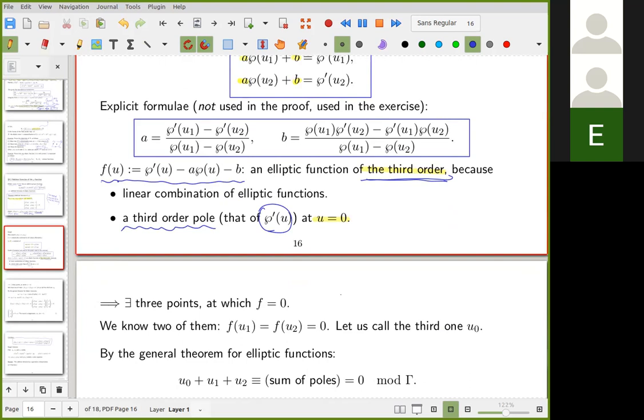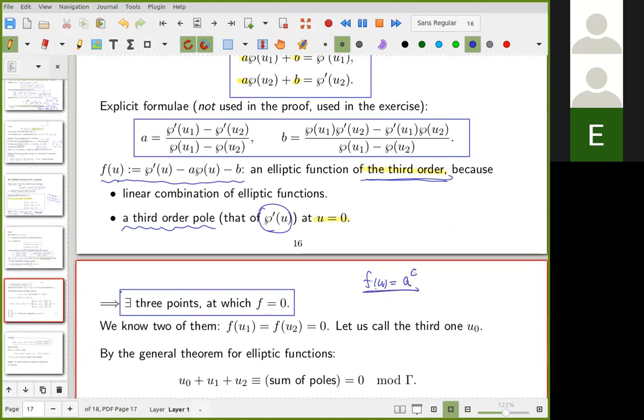So what can be said from this? Well, we proved that such an equation has solutions in the period parallelogram.